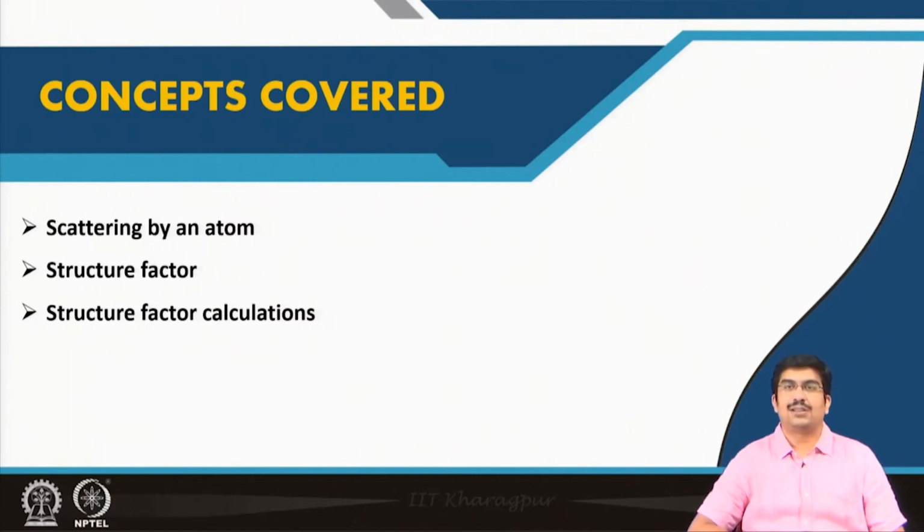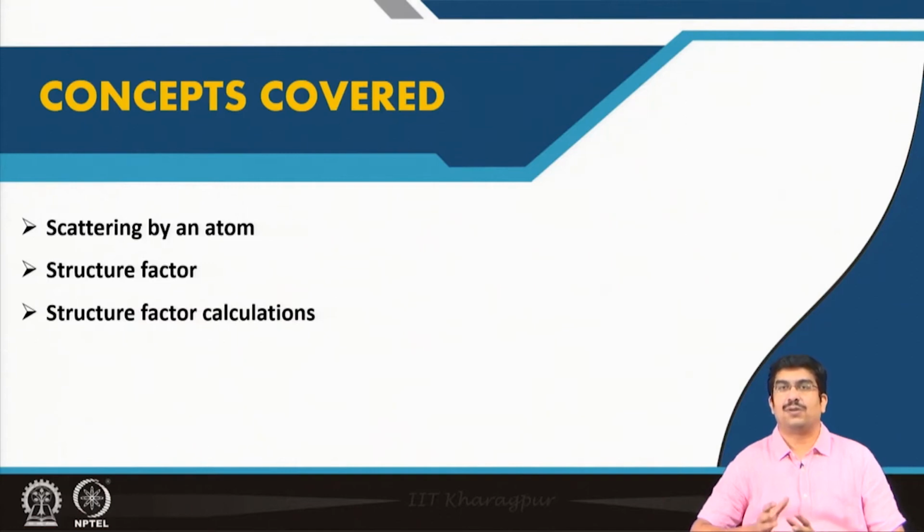So, in that way we started, and what we found is that we have to start from the very basics: how the X-ray is interacting with individual electrons in an atom. First we have to start from there, and we discussed it and found two different types of interactions.